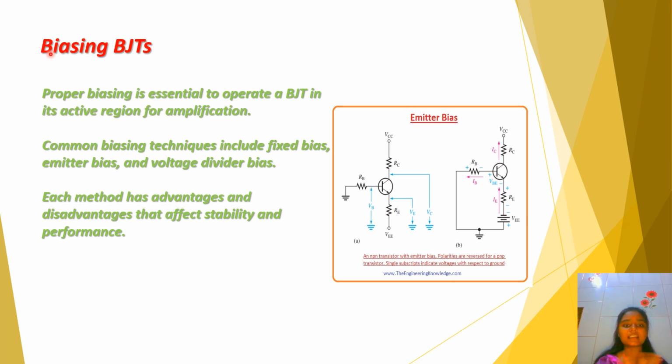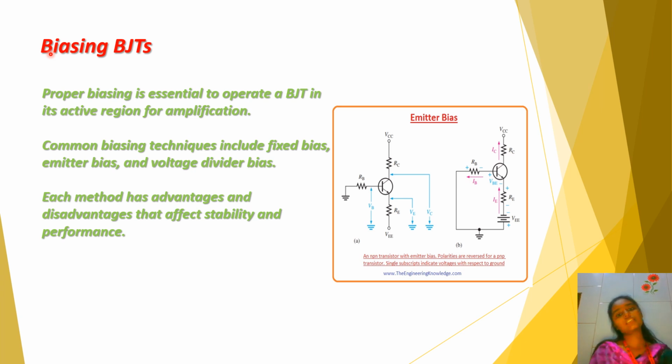These operating conditions are called the quiescent point or Q point. Next, maintaining the active region. Biasing ensures that the transistor remains in the active region where it can amplify or switch signals effectively. Next, optimizing performance. Biasing allows the transistor to operate efficiently and produce a stable, undistorted output signal.